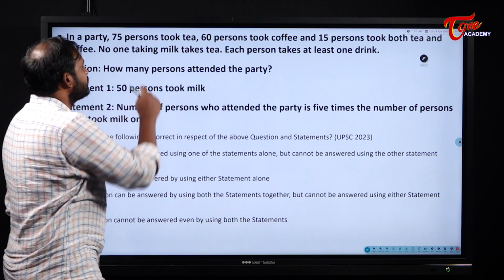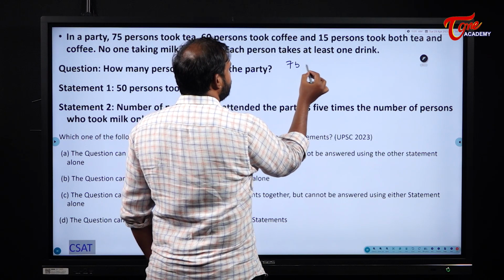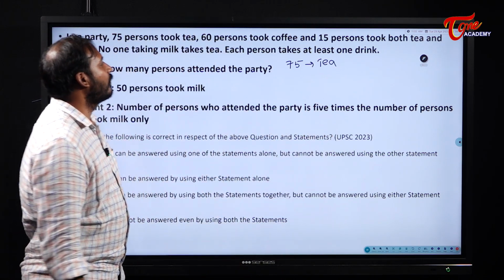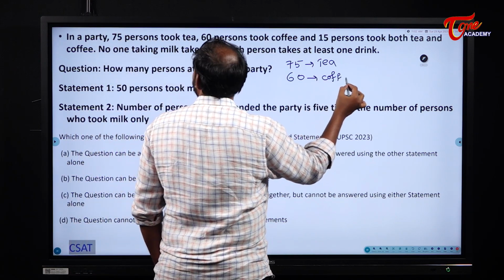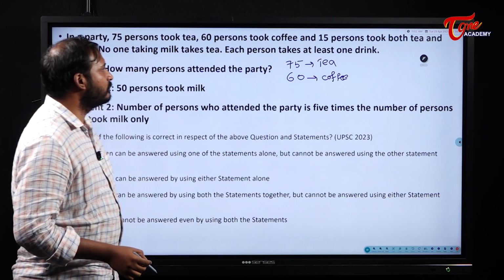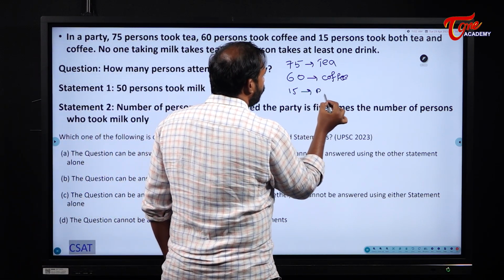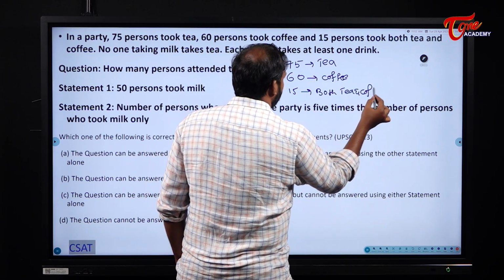First of all, in a party, 75 persons took tea. 60% took coffee, so 60 persons took coffee. Next, 15% took both tea and coffee, so 15 took both.